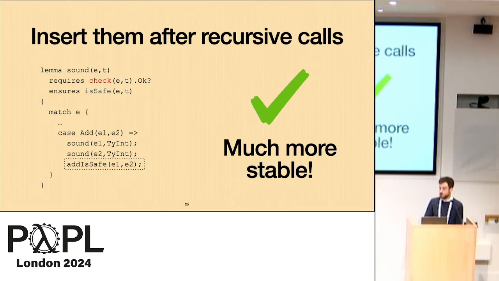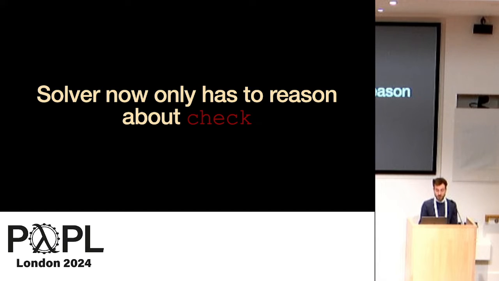And then you take those safety lemmas and you insert them directly after the recursive calls in the proof, okay? This is much, much more stable. The reason is that the solver now only has to reason about check. It can't look through the body of is safe to look at the definition of eval, okay?